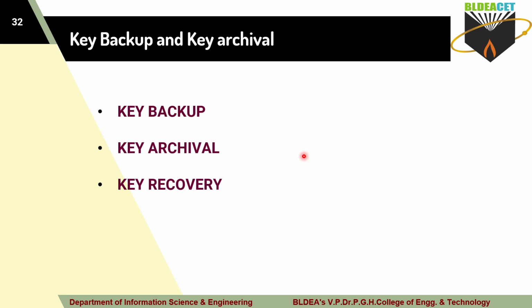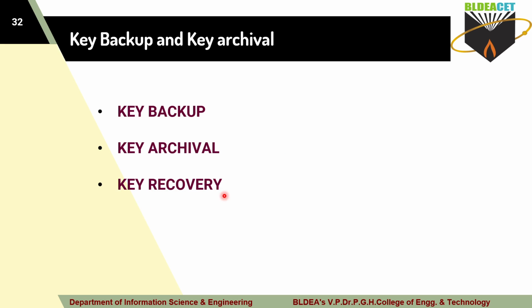Like that, all license keys have an expiry date, and after that expiry date you also have time for the extension. During that extension period you can store the key in the key archive.